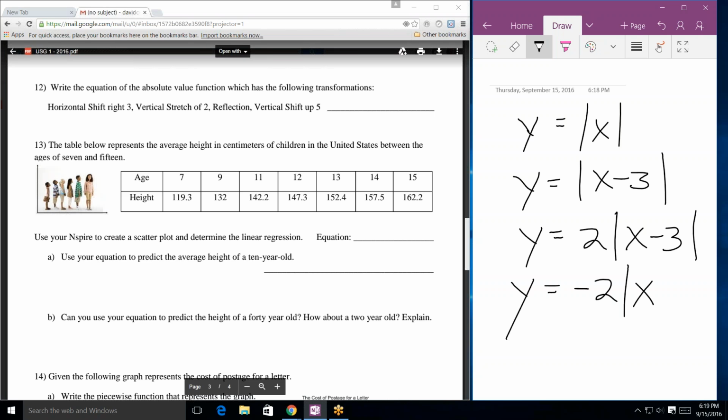If we are reflecting over the y-axis, the negative sign would go inside the absolute value sign. They didn't specify, so they don't really tell us. Major flaw on their problem here. That definitely needs to say reflection about one or the other axis.